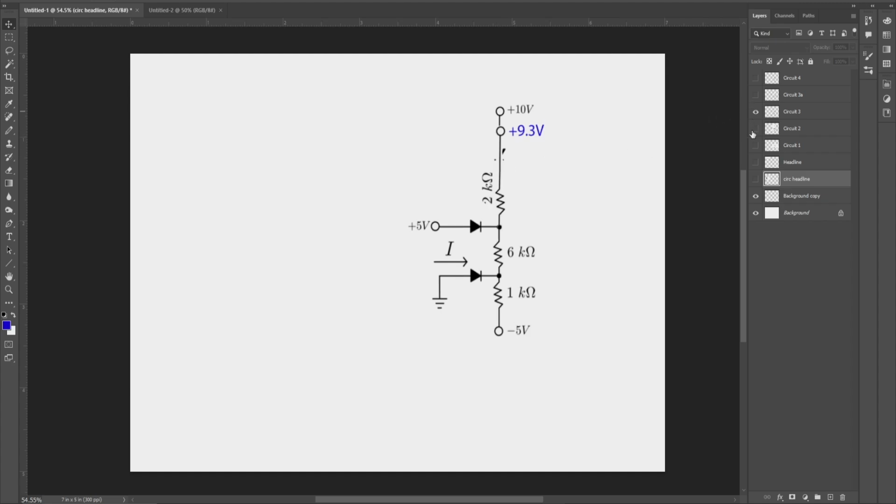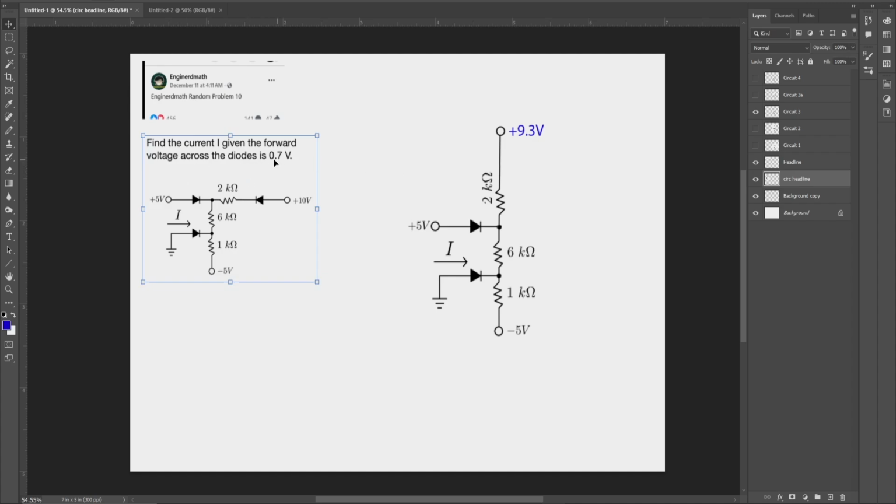So we can redraw it like this. In this particular situation, it is assumed that the voltage drop across the diodes is 0.7 volts. So we can just get rid of that diode, and we have 9.3 volts right here.